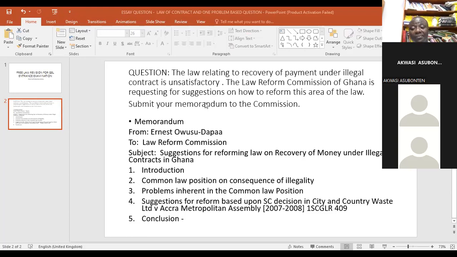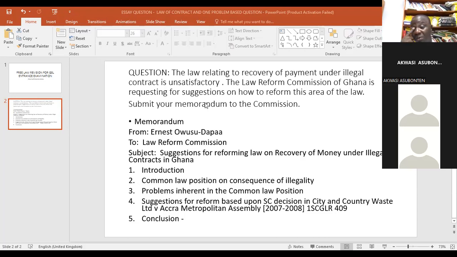And the difficulty with the common law was that it was so harsh that if you could not actually bring yourself within that very limited exception to say that you and the defendant were not in pari delicto, and for that matter, the court should create some kind of exception for you to make a recovery, or where they say that the illegal contract can actually be severed from the rest of the contract, then you'll be allowed to recover another.